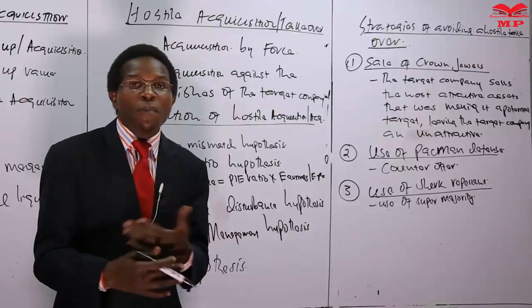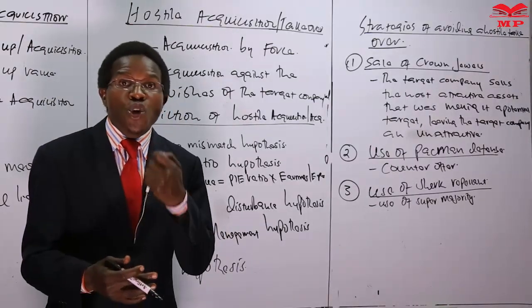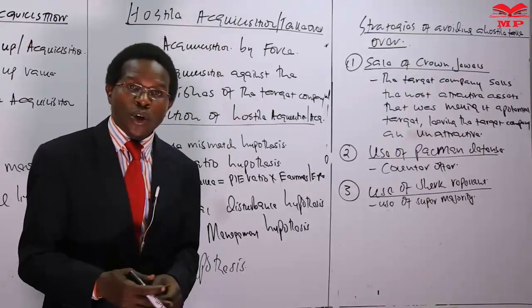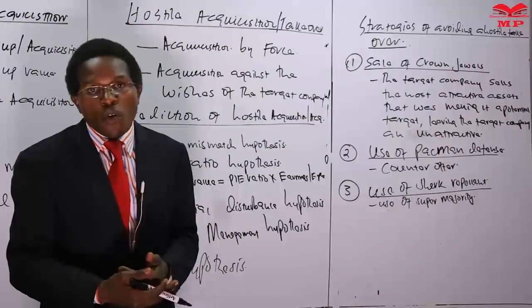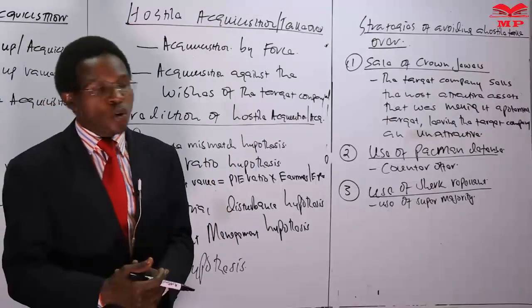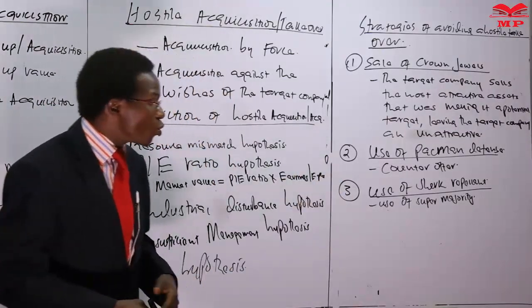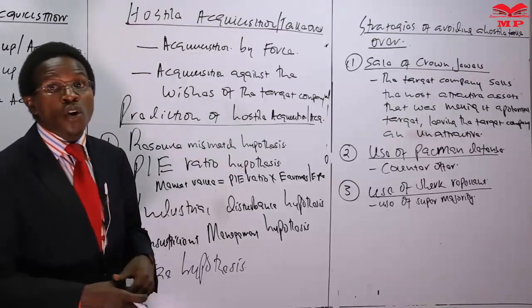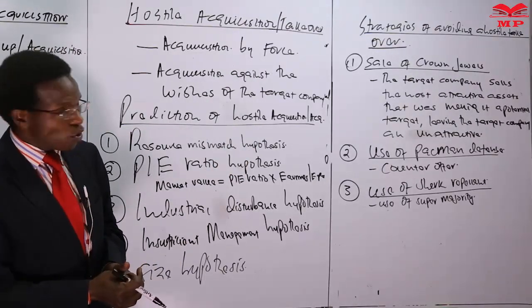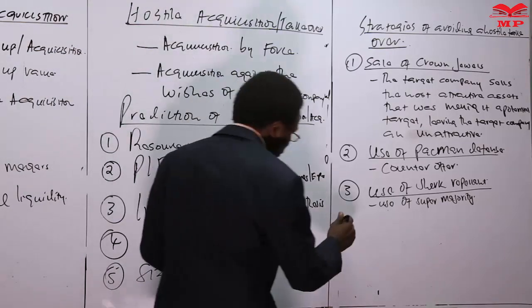You say maybe 90% of the shareholders, knowing that it's not possible to have 100% approval or 90% approval. So you amend so that you have the supermajority approval for the purpose of acquisition or the takeover.